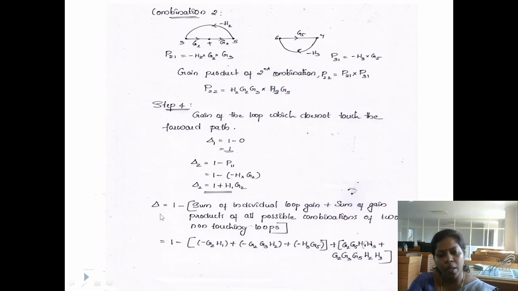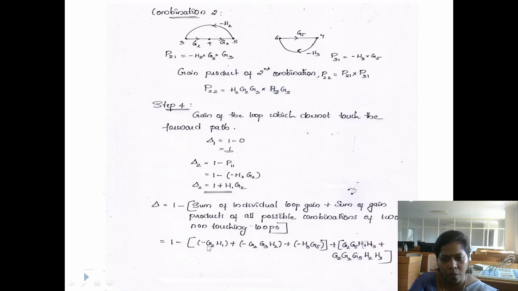Now we have to find the delta value. We know the formula: 1 minus the sum of the individual loop gains plus the sum of the gain products of all combinations of two non-touching loops. So to get the delta value, add all the individual loop gain values: this is the gain of loop 1, this is the gain of loop 2, and this is the gain of loop 3.